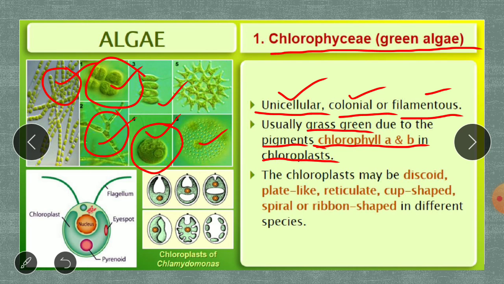The chloroplast may be of different shapes based upon the type of organism: discoid, plate-like, reticulate, cup-shaped, spiral, or even ribbon-shaped. So in different species, the shape of the chloroplast is different.